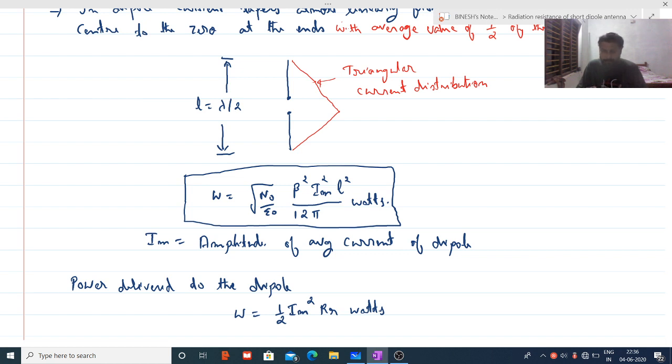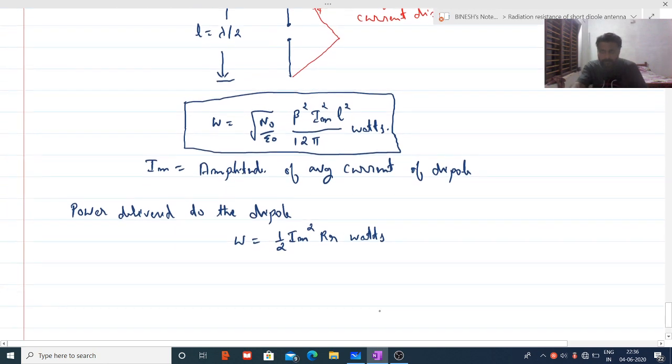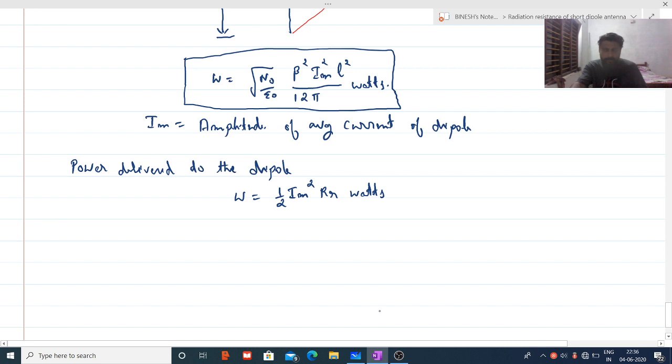So the power delivered to the antenna should be made equal to the power radiated by the antenna. In order to have a 100% efficient antenna, or in case of an isotropic antenna, it is required that all the power that is being given to the antenna should be totally radiated by the antenna.